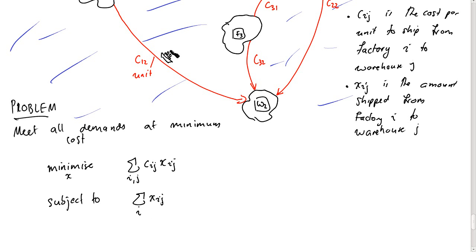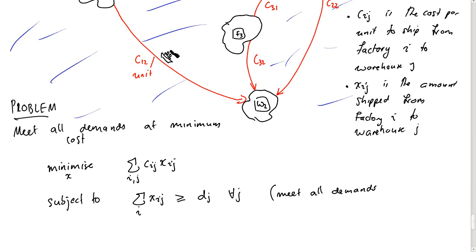We're summing up all the incoming stuff from factories i equals 1 and 2 and 3. Summing those up gives the total amount that's coming in to warehouse j, and that's got to be greater than or equal to the demand Dj for all j. That one just says we're going to meet all demands.